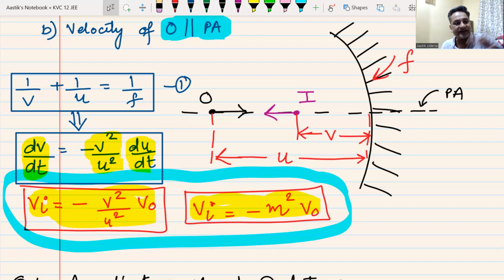The speed of the mirror is such that the image is instantaneously at rest in the laboratory frame, and the object forms a real image. What is the value of the velocity of the mirror? And the question passes on to you, my dear friends. This is the question.